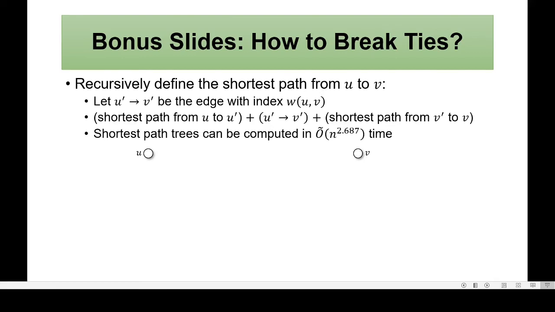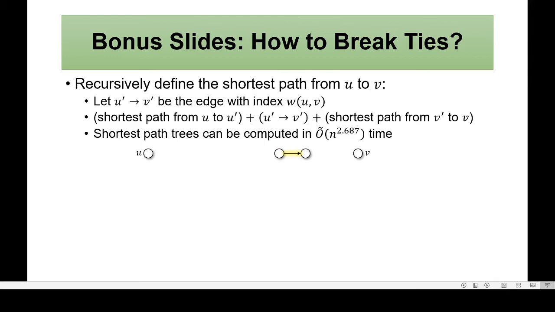Here is an example. If we have two vertices U and V, and we want to compute the shortest path from U to V, we first compute the edge weight index WUV, and let's say it's U' to V'. Then we recursively find the shortest path from U to U'.